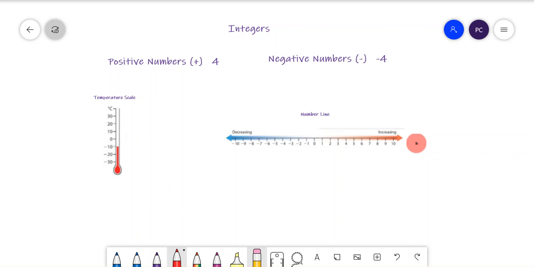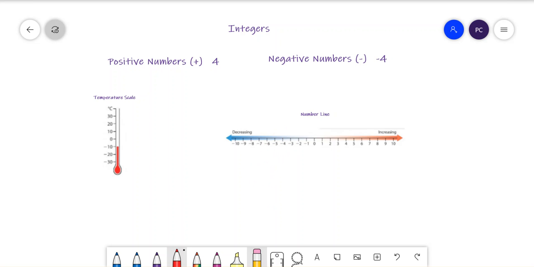And that goes on forever, all the way up to infinity. All of the numbers below 0 are the negative numbers, or the negative integers. They're all on the left hand side. So for example, we have 0, -1, -2, -3, -4, -5. So you can think about it as decreasing.